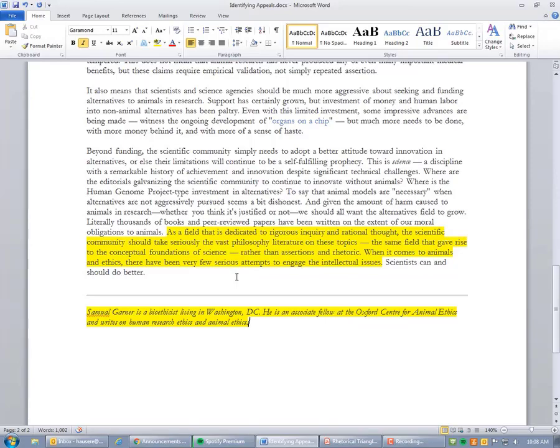So here he's challenging other scientists and their lack of consideration when it comes to this topic of animal research. And by doing that, he's implying that he has thought about it. He's considered all the factors, and he has considered the intellectual issues when it comes to animal testing.